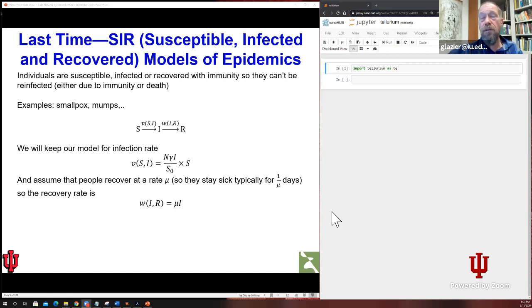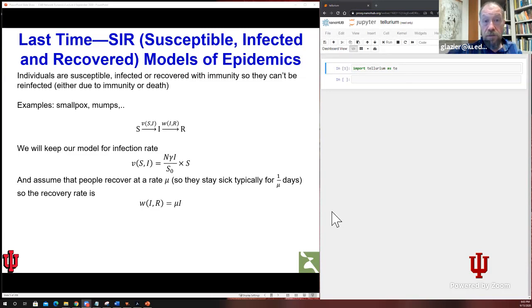But the basic idea with an SIR model was you have to have some model of the rate of new infections. That model we wrote in the form of N, the number of encounters per individual per day, times gamma, the probability that when you encounter an infected person, you get infected, times the fraction of people who are infected, which is the number of infecteds I divided by the total population S0.